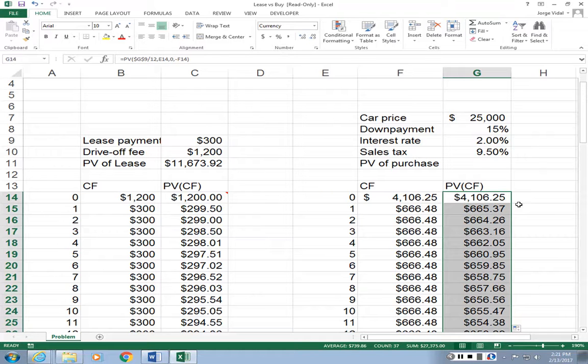Those are the numbers. You get those numbers? Can you see them?